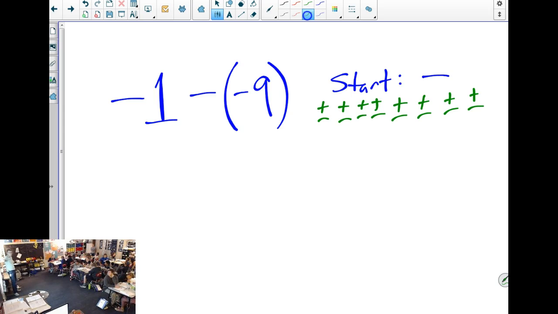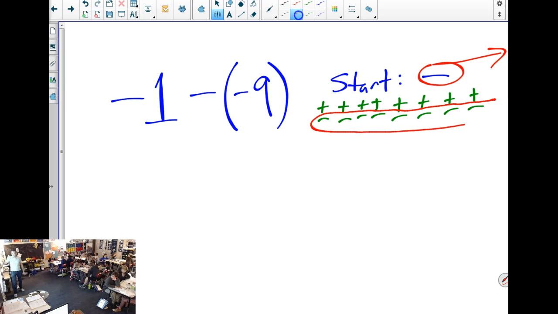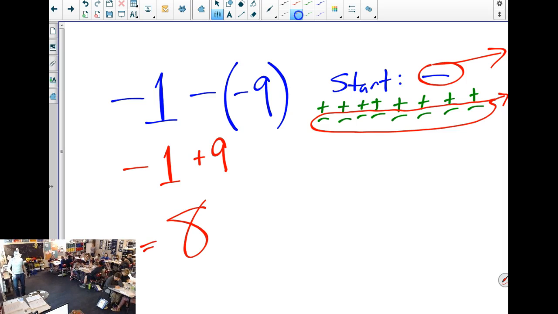But now, can we take away 9 negatives? Yeah. So grab this negative, and then these 8 negatives. We take them all away. What are we left with? Positive 8, which is the same. Hold on. Your answer should be positive 8.